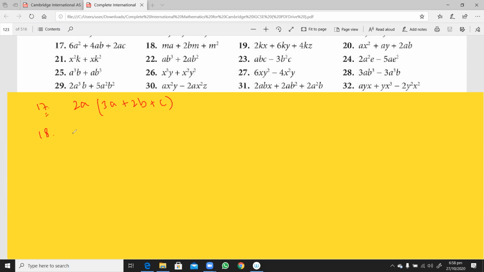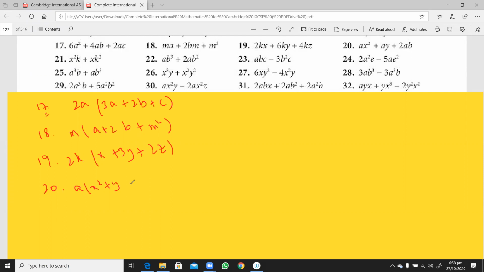Sir, m into a plus 2b plus m. Very good, mashallah. Okay, Samiha, 19th one. Sir, 2k into x plus 3y plus 2z. Okay, Hassan, 20th one. a into x square plus y plus 2b.